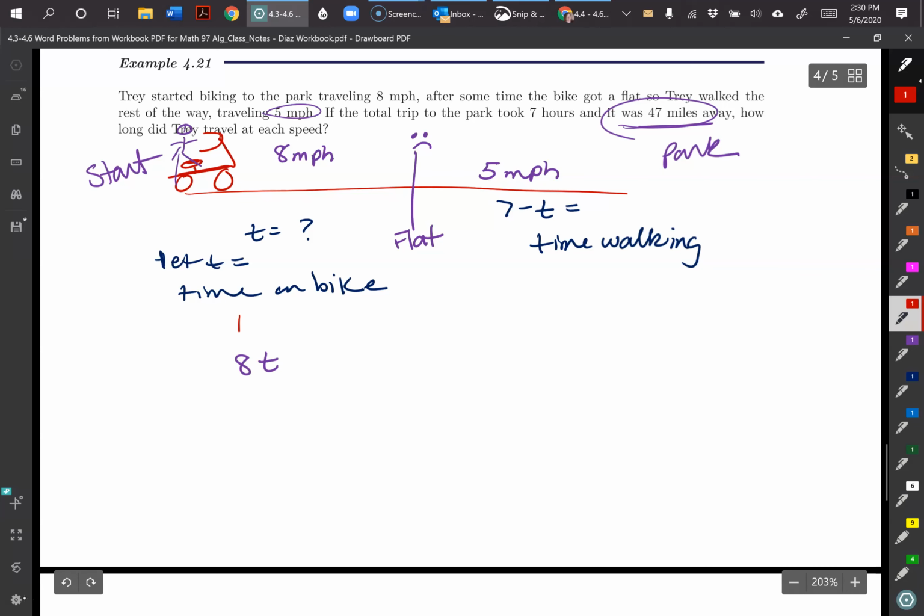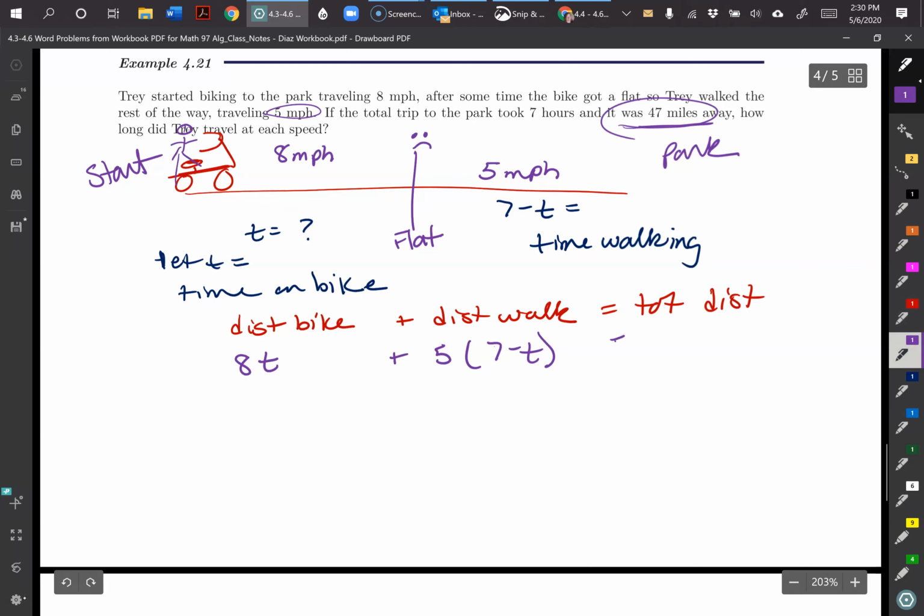Distance bike is represented by rate times time, plus distance walk, which would be 5 times the quantity 7 minus t, equals total distance, and we are given that information as 47.